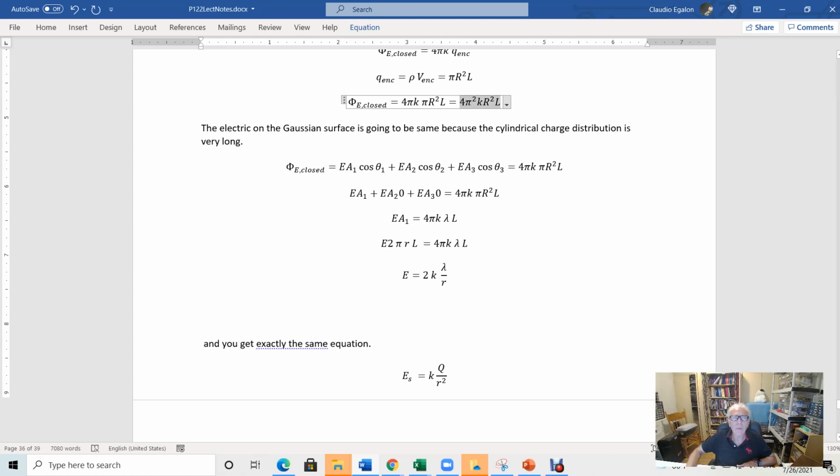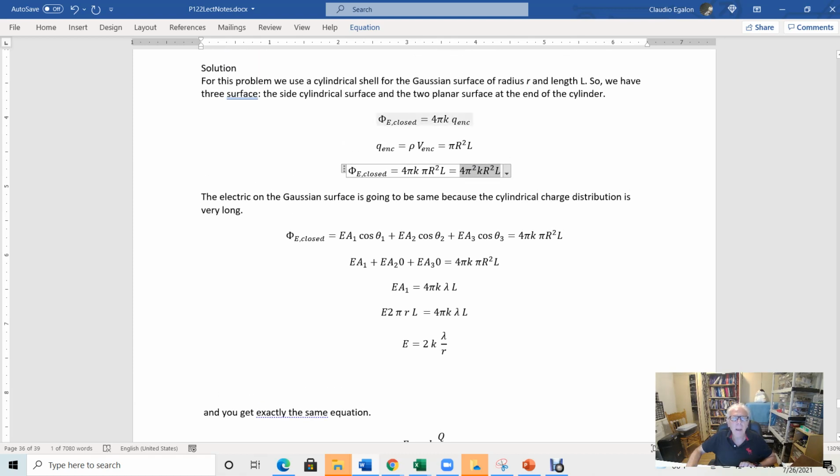That's what we should put in there. Hopefully I didn't make a mistake, right? 4 pi, yes, that's right. It's supposed to be pi r square, no problem. Pi r square, just simplify. We are left with this one.